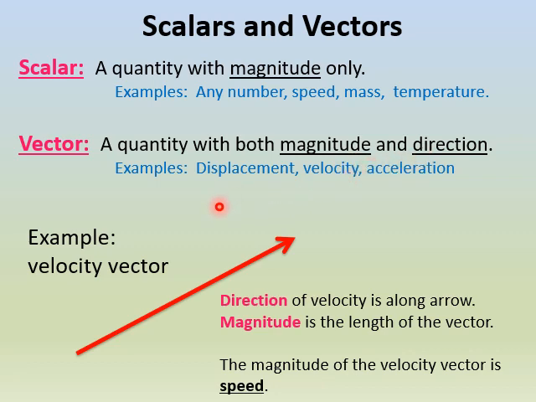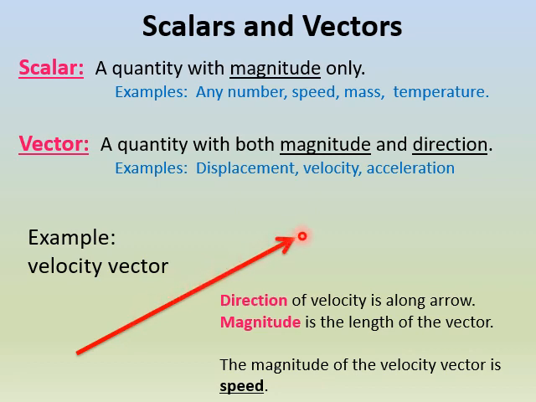So how do we deal with vectors, or how do we represent a vector? Well, the simplest way to think of a vector is just an arrow. So this arrow drawn here could represent the velocity vector of, for example, an airplane flying through the sky, maybe going up into the air. And what this diagram indicates, if this is its velocity vector, is that the direction of the airplane is just along the arrow.